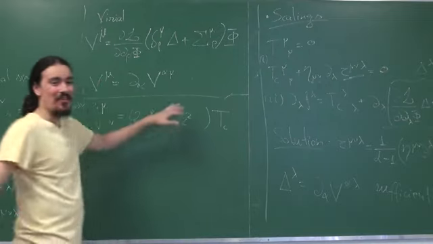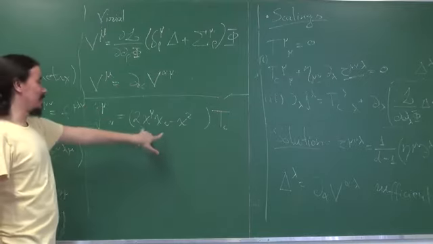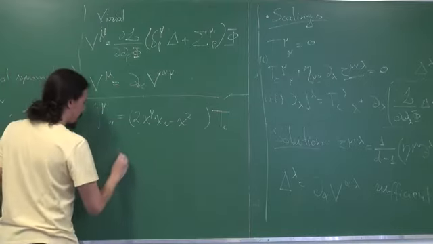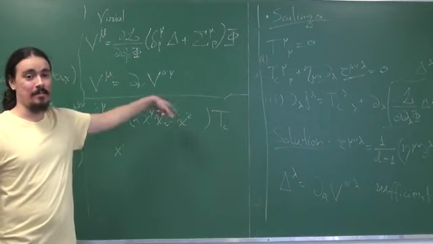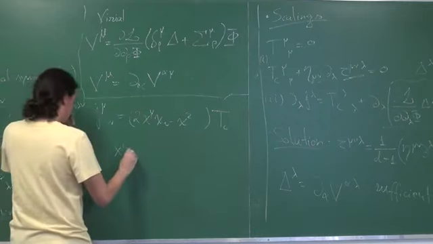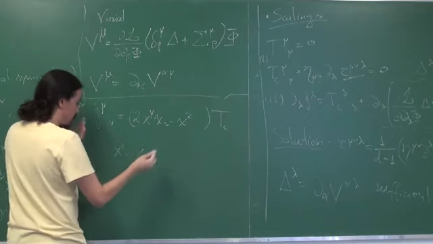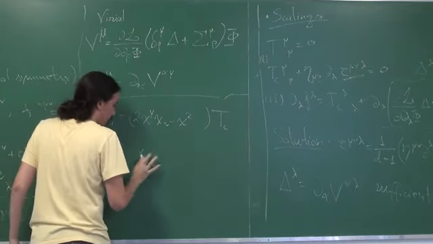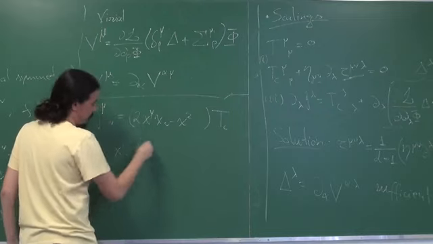You can see more or less, when you did the special conformal transformation, they have something like this. Again, plus and minus, I don't remember.